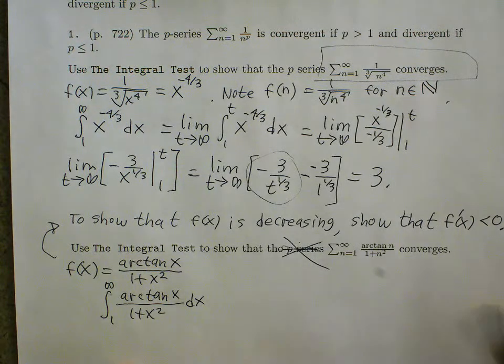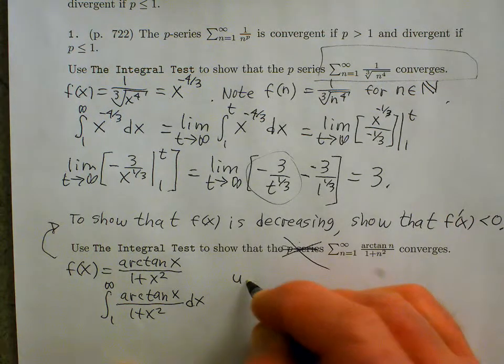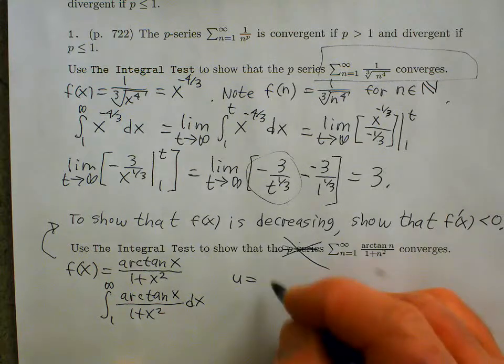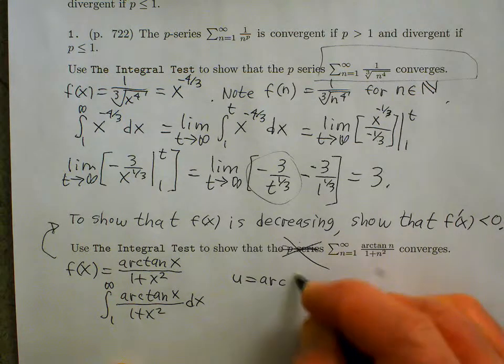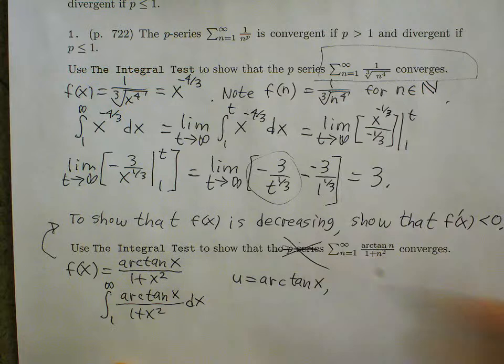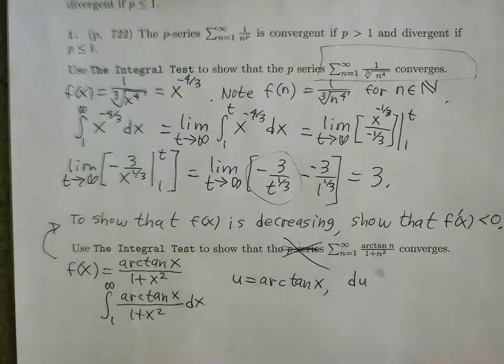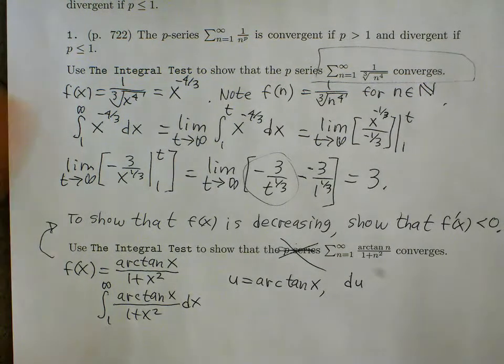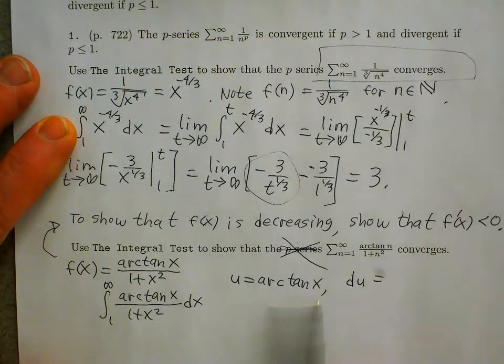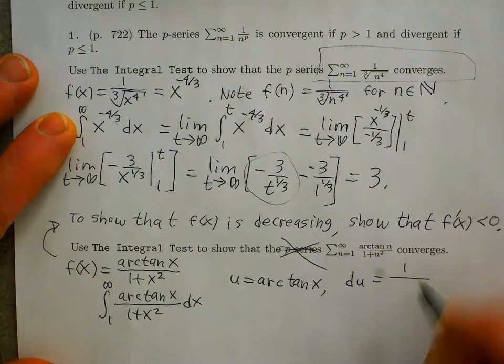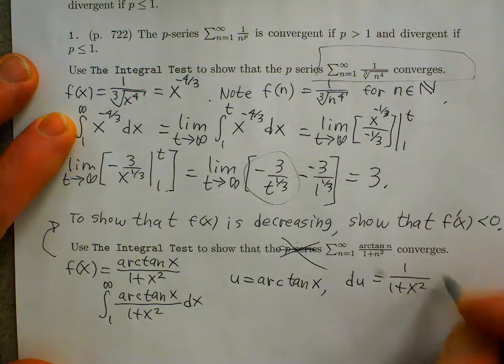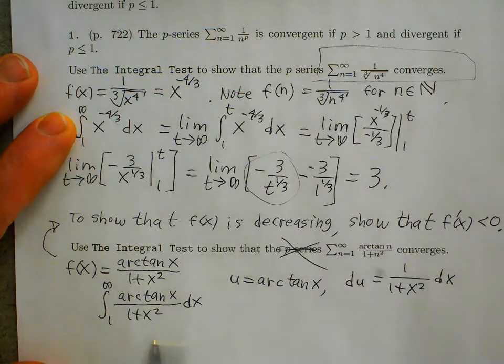Here, if we use a u substitution, if u is equal to the arctangent of x, then what's du? The derivative of arctangent of x is 1 over 1 plus x squared dx. So all of that appears in the integrand.